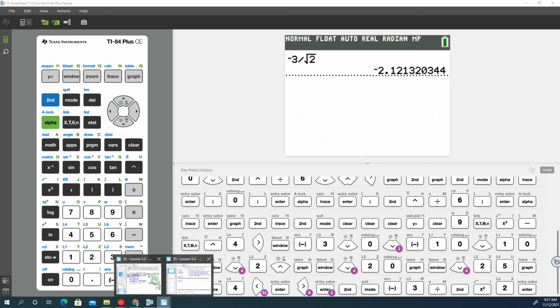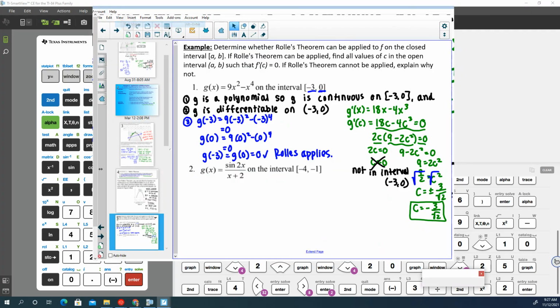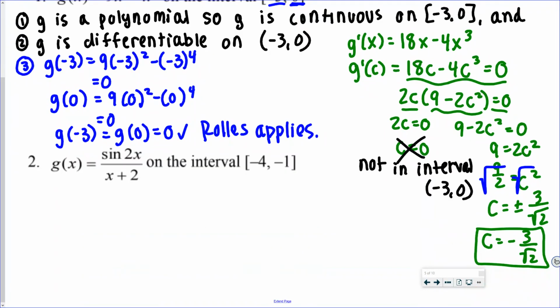Okay, we'll end on this next problem. So here I have g of x is sine of 2x divided by x plus 2. So the first thing I need to show is that it's continuous on the interval -4 to -1.